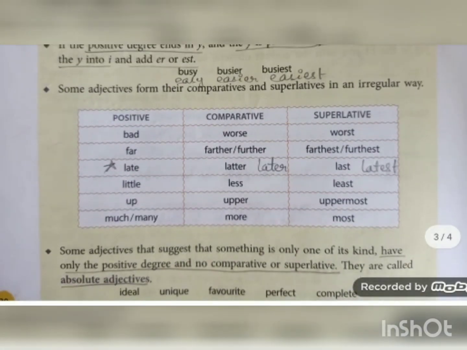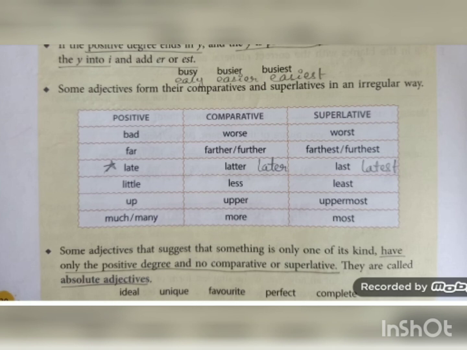Now come to absolute adjectives. So what are absolute adjectives? Absolute adjectives are the adjectives which are of only one kind and they don't have comparative or superlative degree. They have only one degree, that is positive degree. For example, ideal. Ideal is of only one kind. Ideal cannot be compared. Next is unique.